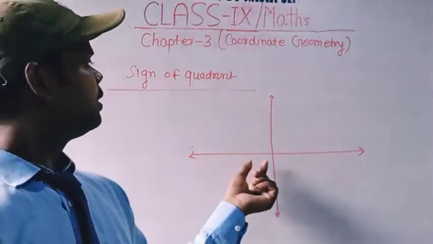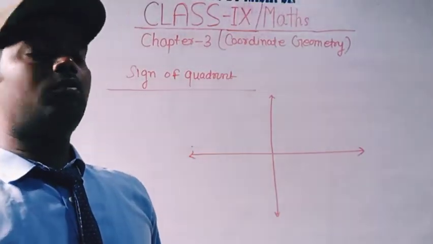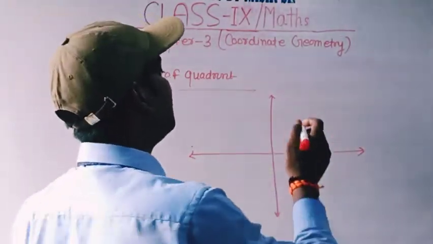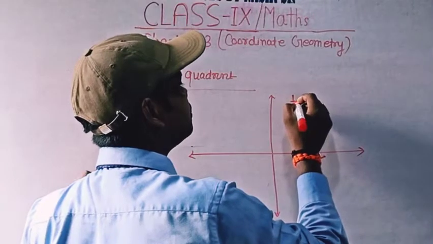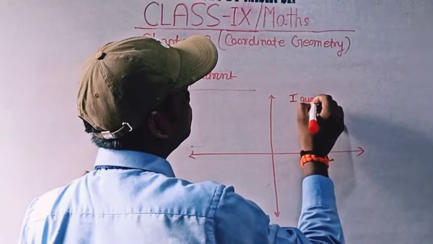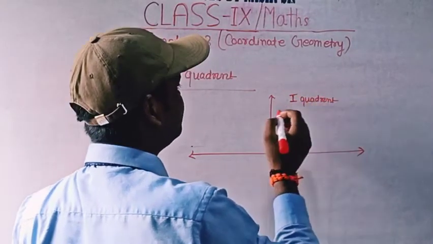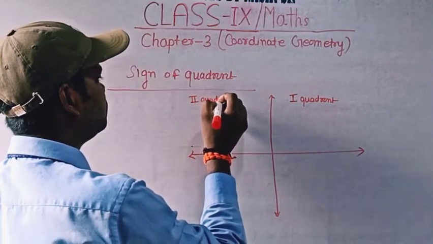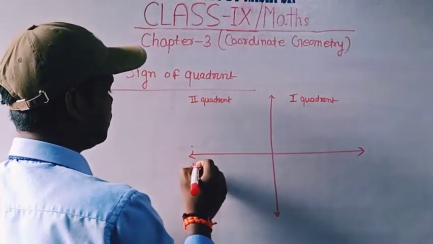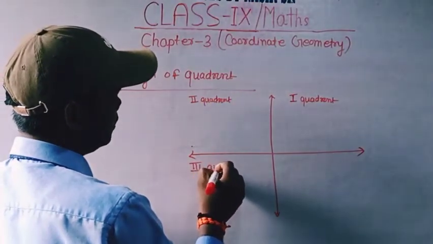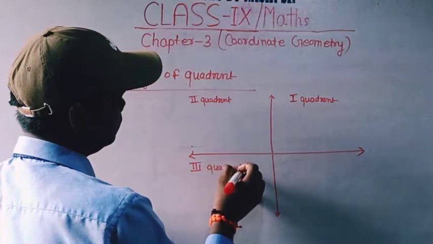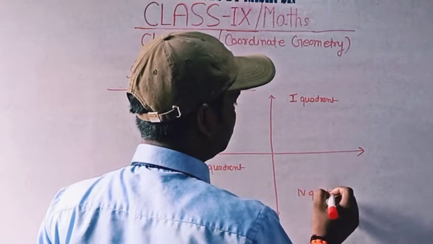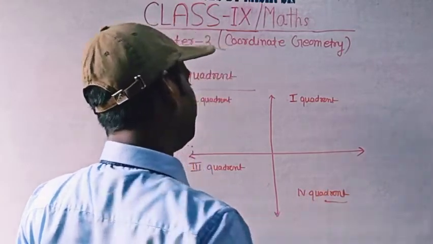These two lines, which are mutually perpendicular, divide the whole plane into 4 equal parts, and each part is called a quadrant. So this is the first quadrant, second quadrant, third quadrant, and fourth quadrant.